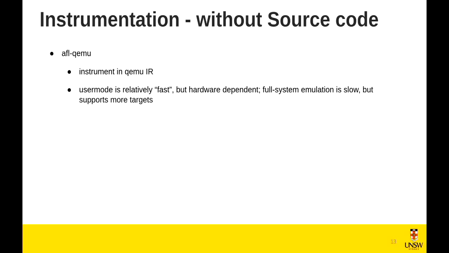So this could be very slow. And it is provided by AFL in its repository. You can see there are some links on these slides. You can click on them to get more information. So this QEMU mode can help us to do instrumentation without source code.